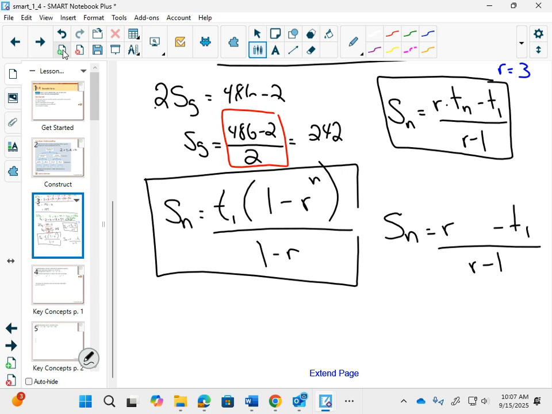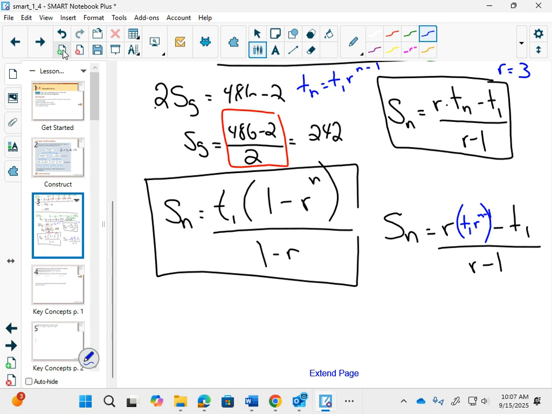Well, in a geometric sequence, we have a formula that Tn is T1 times r to the n minus 1. So I'm going to rewrite where the Tn was as a T1 r to the n minus 1. You can just watch. You don't have to write this down.